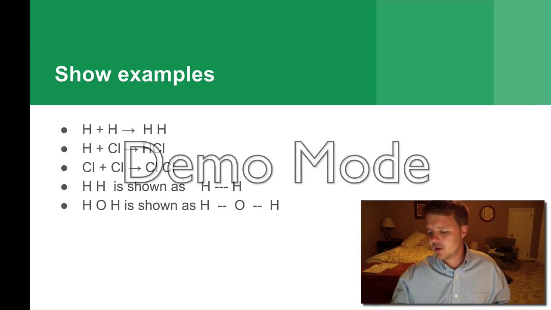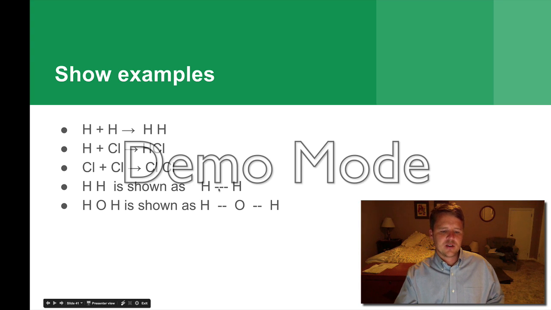And by sharing that one electron, they each get an octet. So imagine this is a solid line here. And imagine this is a solid line in here between HOH.